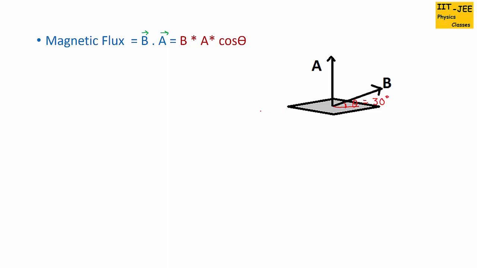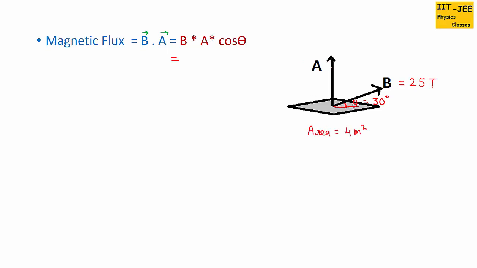And we have to find the magnetic flux through this plane. So we will use this formula, the dot product of magnetic field B and area vector A. Suppose B equals 25 Tesla and area equals 4 meter square.